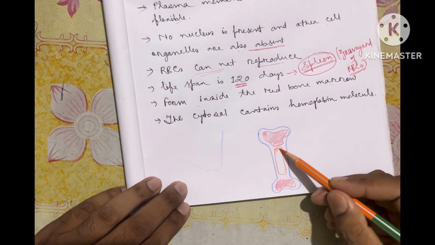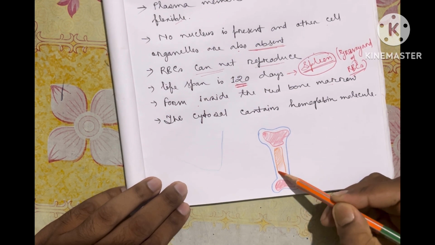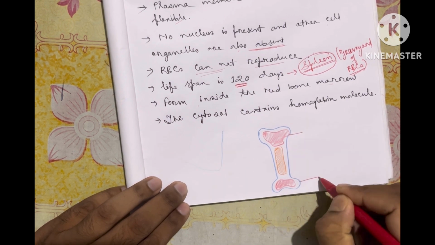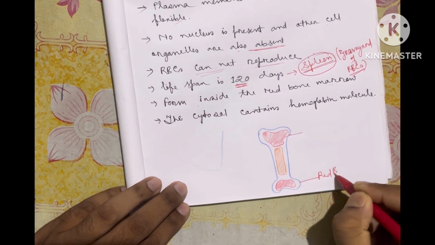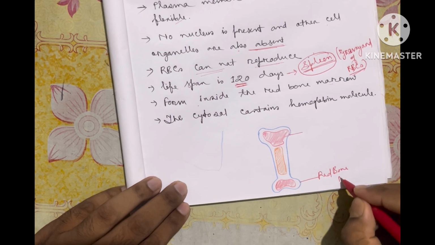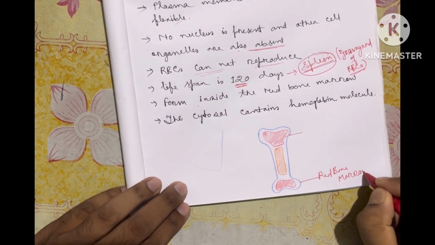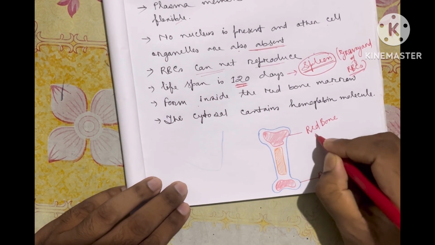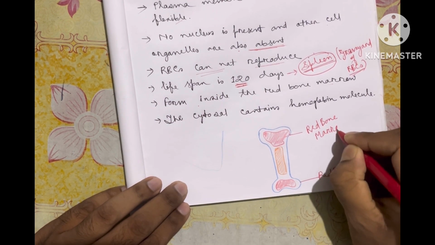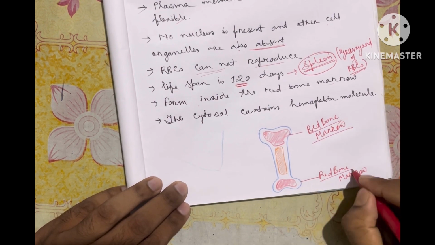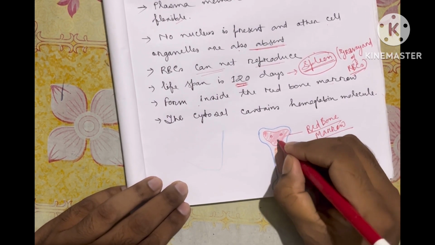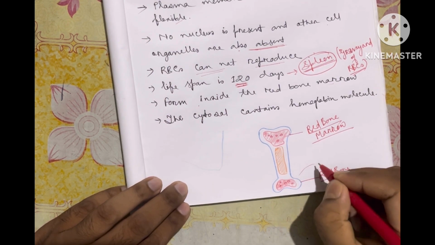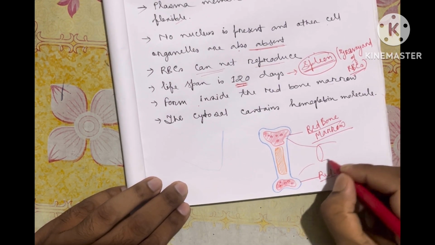I don't have any yellow colors, that's why I'm drawing it with orange. So this is the red bone marrow, this is red bone marrow, this is also red bone marrow. So our RBC forms inside these red bone marrows, and then they go to the blood circulation.